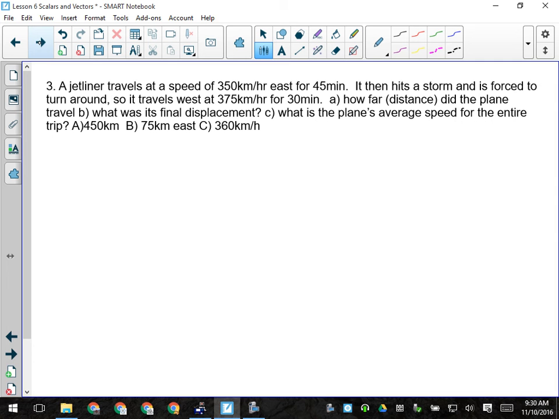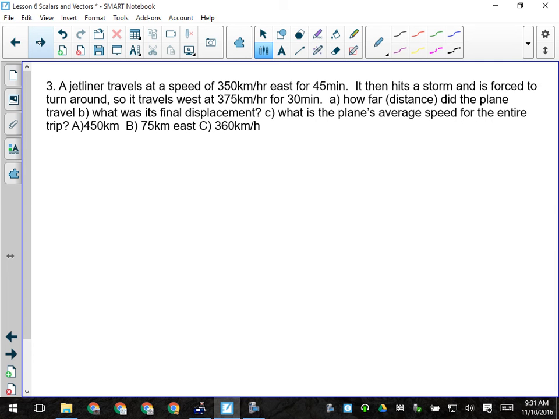Can I calculate how far it traveled in each part? Yeah, because I've got the velocities and the times, but the time is in minutes. So what do I need to do with that? Change it to hours so it matches the kilometers per hour. 45 minutes is 3/4 of an hour and 30 minutes is half an hour.